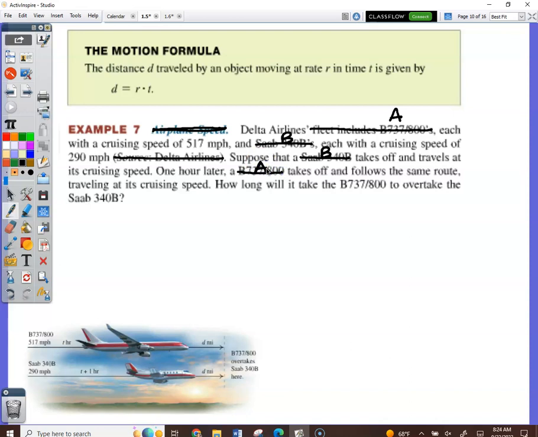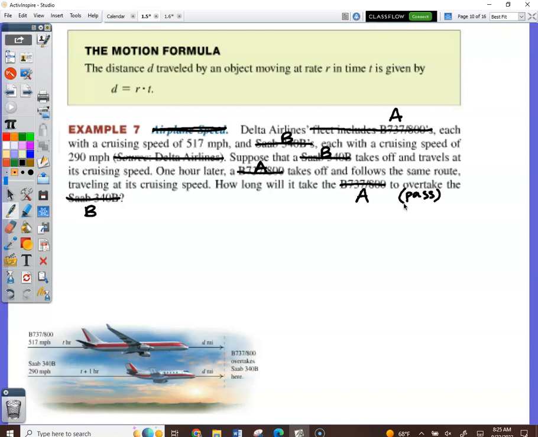The question is, how long will it take plane A to overtake, which means to pass, right, plane B? How long will it take it to pass plane B? So not only does it have to catch up to it, but then they want to know at what time will it catch up, because then any time after that, it's going to now be passing it, right?